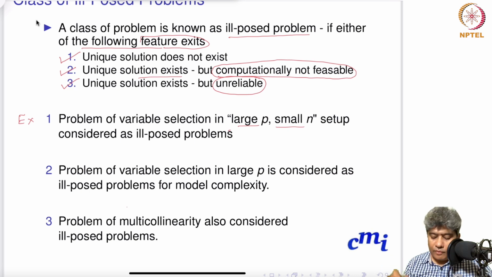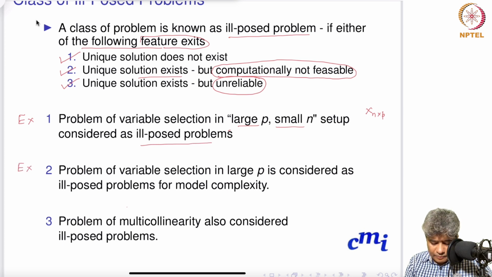If you have a design matrix n cross p and the number of columns is more than the number of samples, then the number of features is more than the number of samples, and X transpose X is not invertible, as we have seen in the previous part of this lecture. Since we don't have any unique solution, this is considered an ill-posed problem.